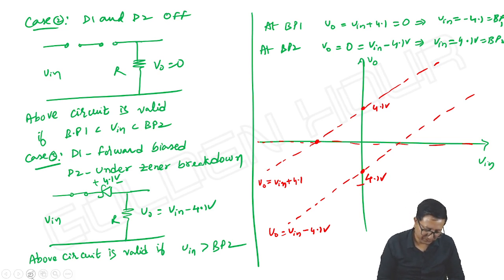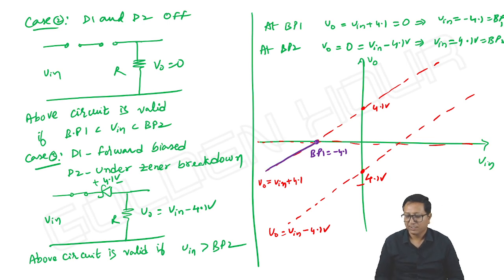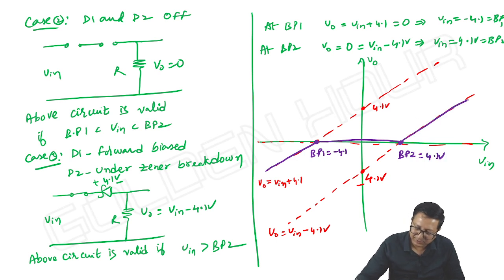So the first breakpoint is here. Up to this, I can take the first equation. Next, from minus 4.1 to plus 4.1, output is 0. That's breakpoint 2, plus 4.1. Next, I should take this equation, output is equal to input minus 4.1.